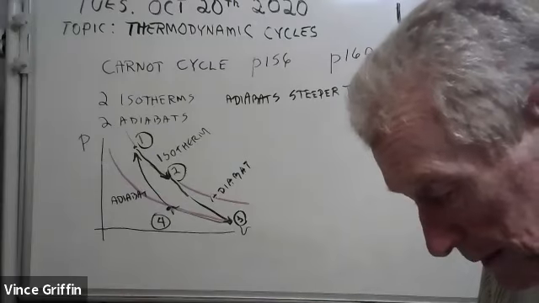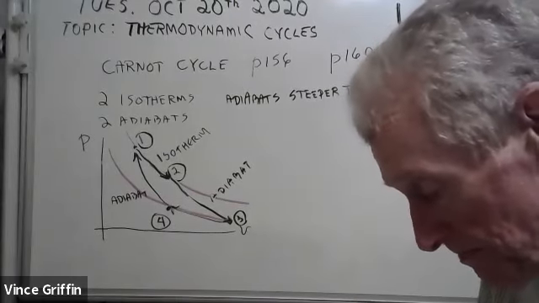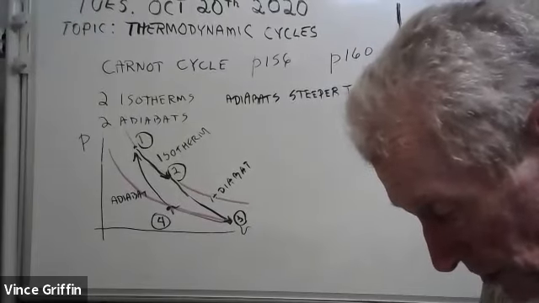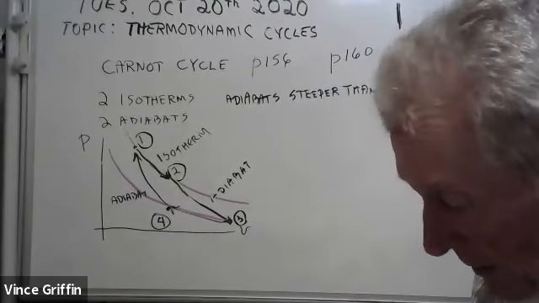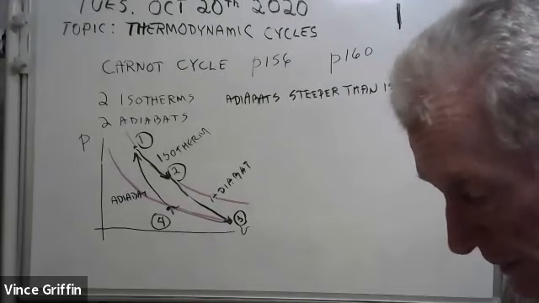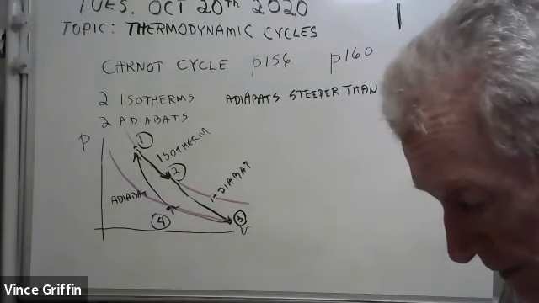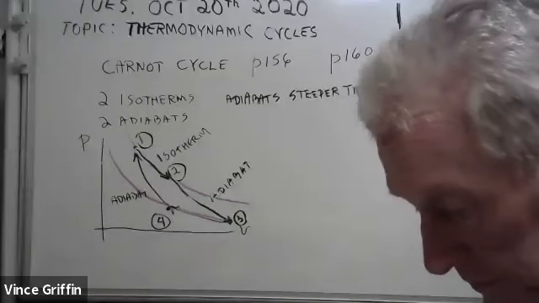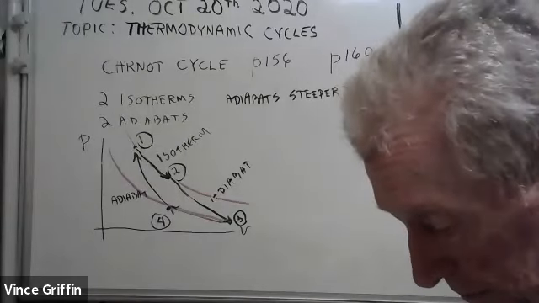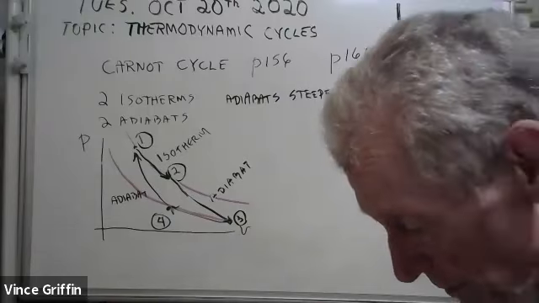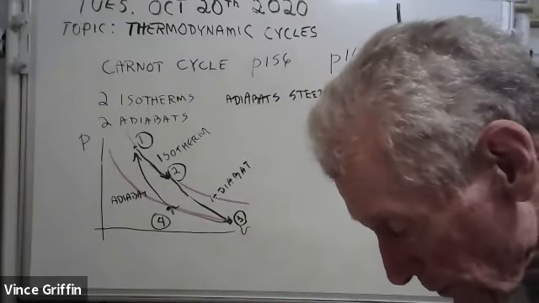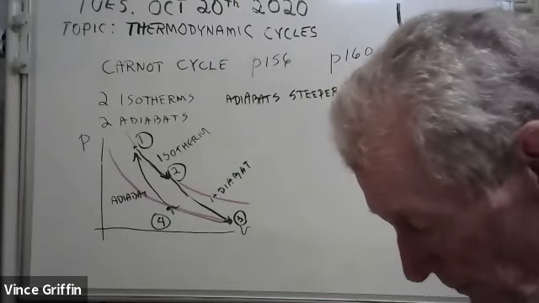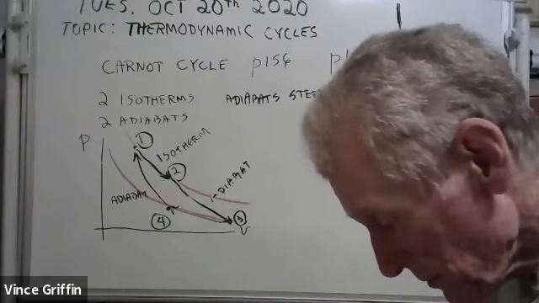Well, so what? There are a lot of things we could learn about this cycle. And there's a problem dealing with it. I'd like to start working on it here if I can find it. This is chapter 5. Let me see if I can find the problem I want. Yeah, here we go.